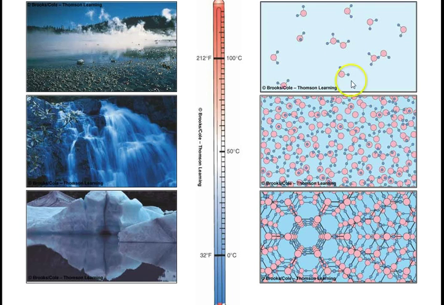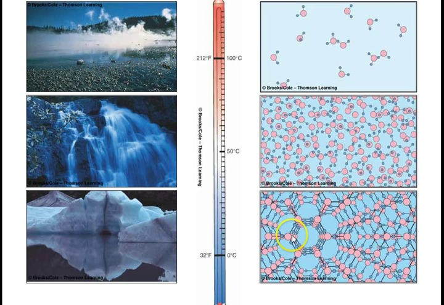Okay, so right here it's showing water in the form of vapor, no hydrogen bonding or very little hydrogen bonding there when water is in the form of vapor. Then in the liquid state, we have hydrogen bonds forming, but they're continually forming and breaking and reforming, and that allows water molecules to move in closer together.